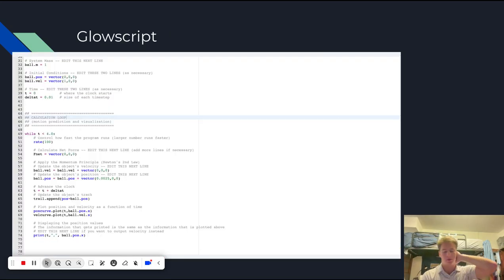And then here's the GlowScript. The GlowScript is how we made the computational model. It's pretty simple. Really nothing else matters besides delta t, our time step, and our ball position update. We updated it because we assumed in this model there were no forces acting on it.